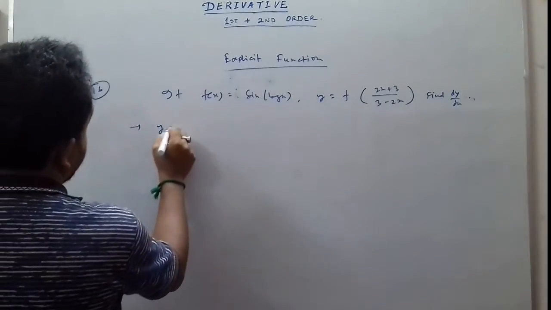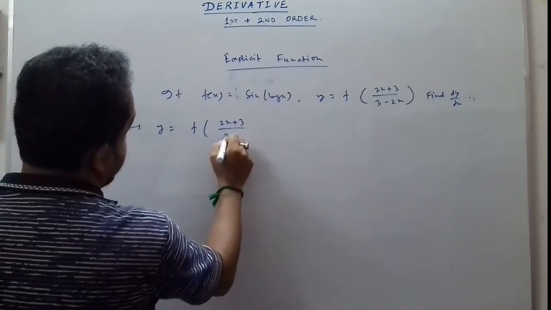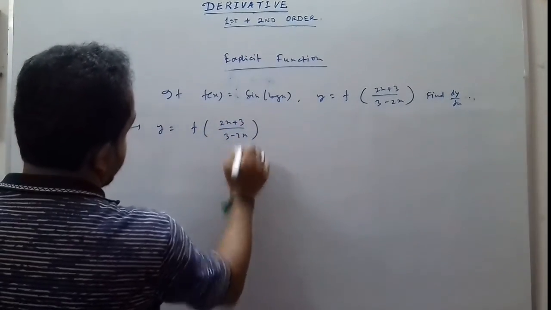Now given that y is equal to f of (2x plus 3) divided by (3 minus 2x).